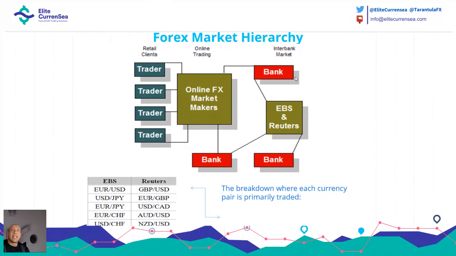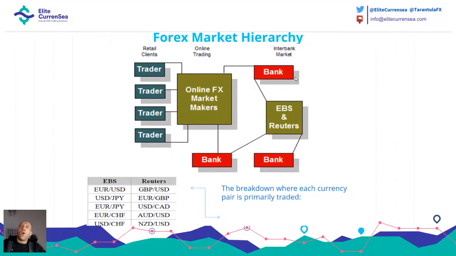The participants of the Forex market and all these banks and interbank movements are done by electronic communication. It's either through EBS, or Electronic Broking Services, or the Reuters Dealing 3000 Spot Matching. You can compare that to Mercedes or BMW, because both of them are big players in the market, and there is always a healthy competition.